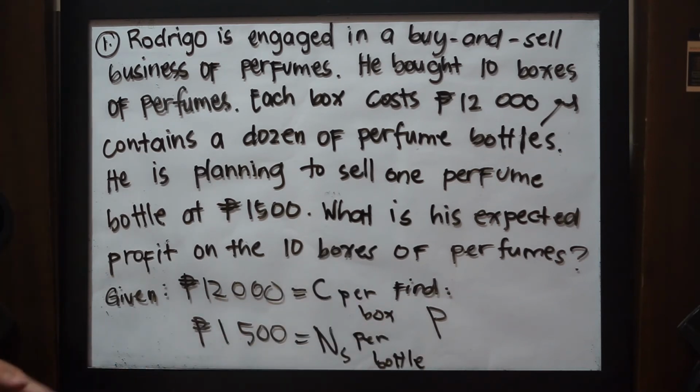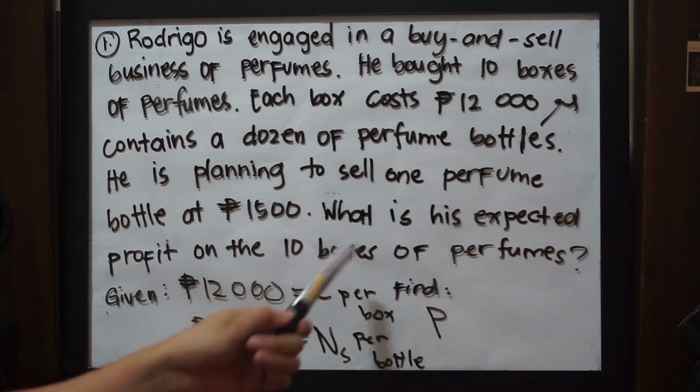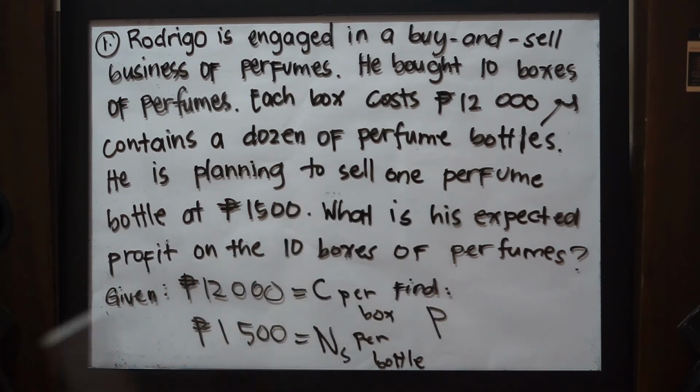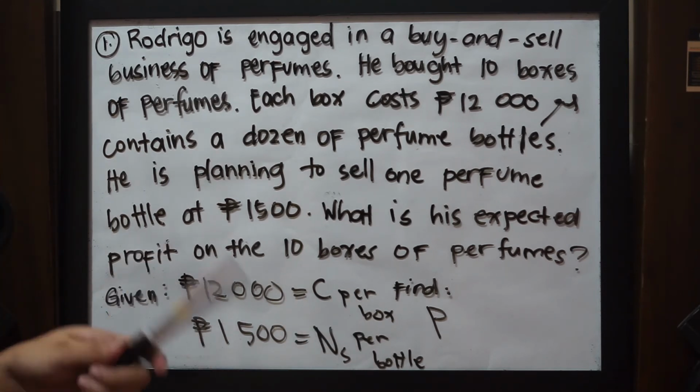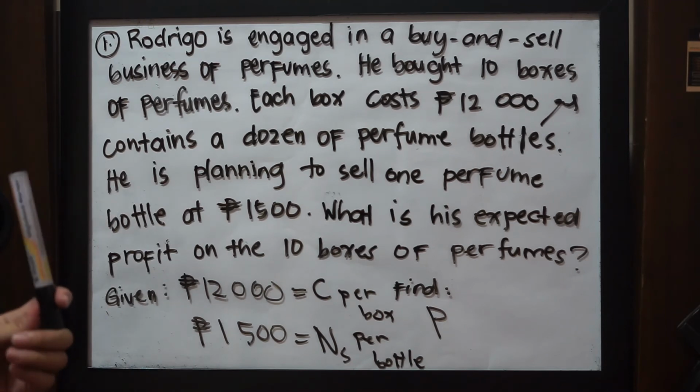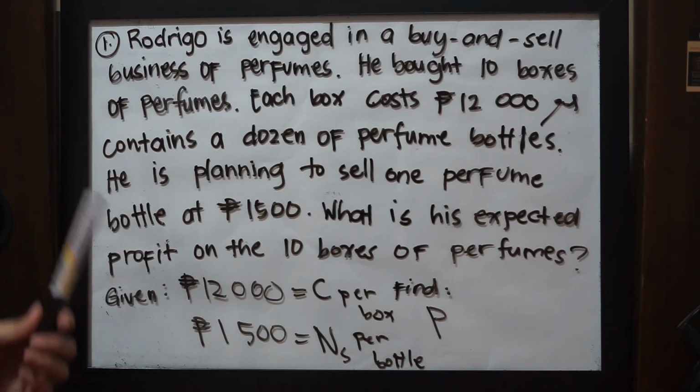Either way, we will still come up with the same value, kasi ang hinahanap niya is what is his expected profit on the 10 boxes of perfume. So, let's say, yung per box na cost, gagawin ko ng per bottle. So, we have to know how many bottles are there in a box.